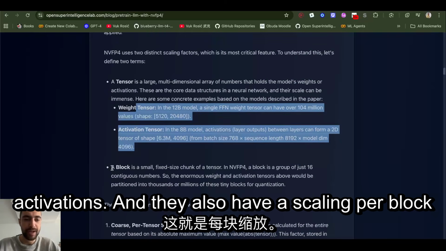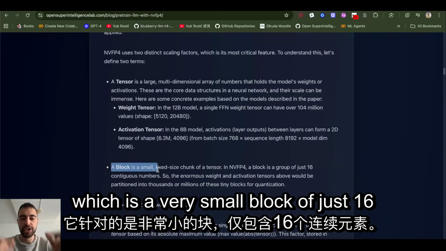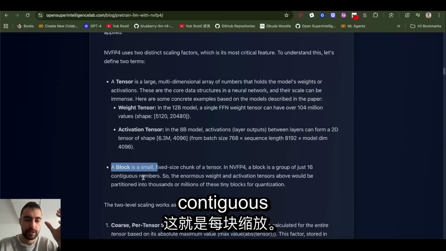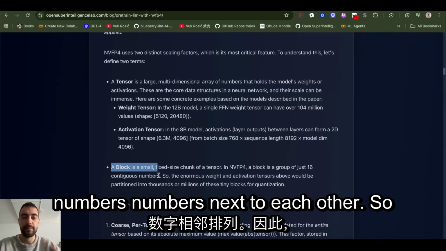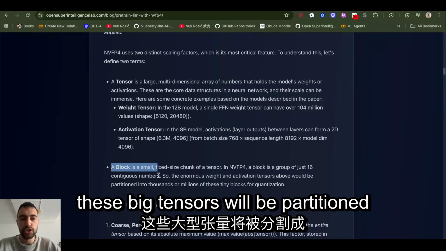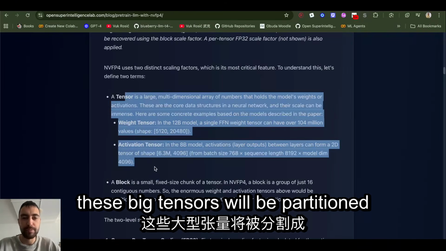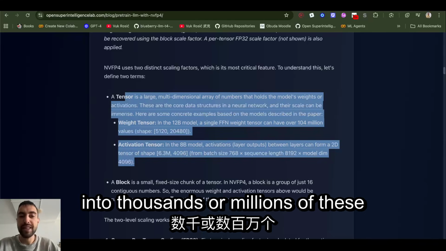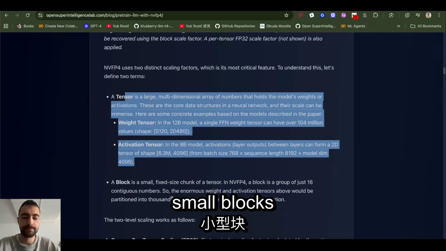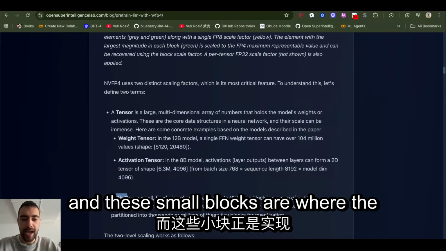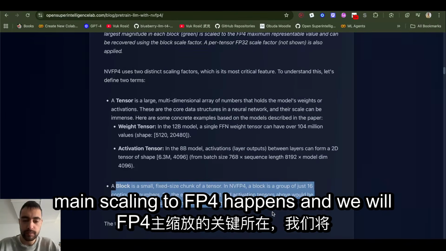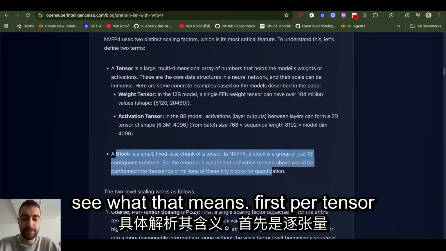And they also have a scaling per block, which is a very small block of just 16 contiguous numbers next to each other. So these big tensors would be partitioned into thousands or millions of these small blocks. And these small blocks are where the main scaling to FP4 happens. And we will see what that means.